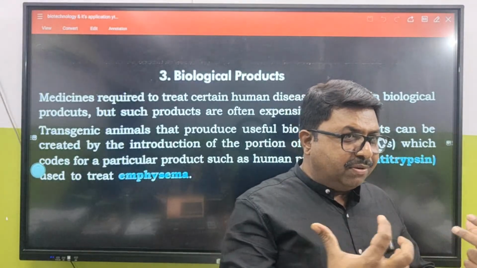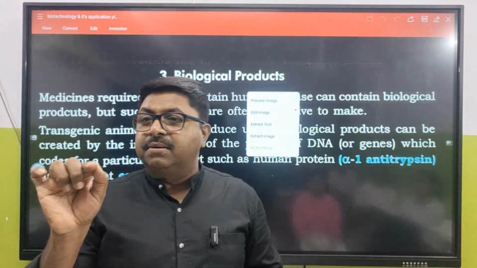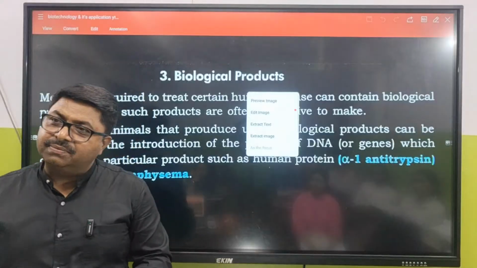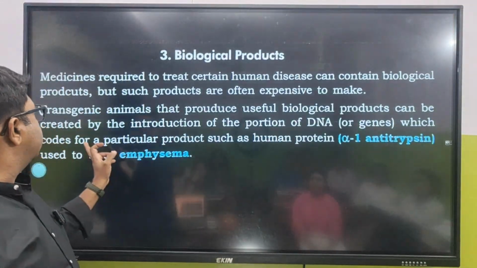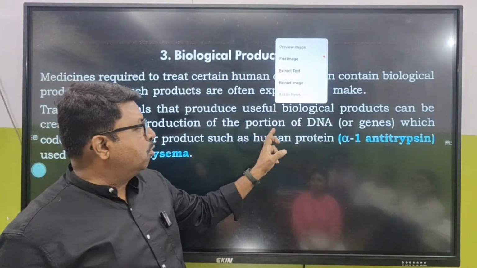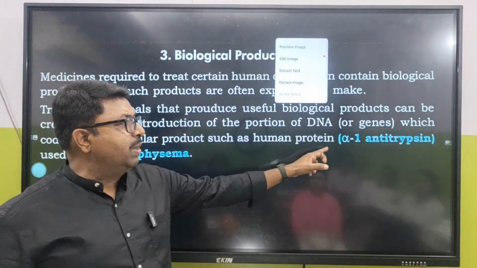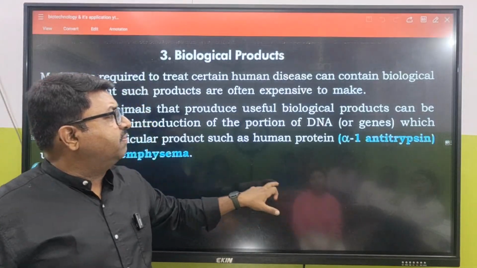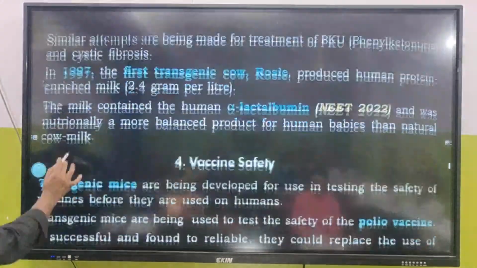A gap occurs between two alveoli and a pore forms inside the lungs, which is called emphysema. Emphysema can be treated by introducing a portion of DNA or genes which code for a particular product such as a human protein. What is the name of the protein? Alpha-1 antitrypsin. Important.